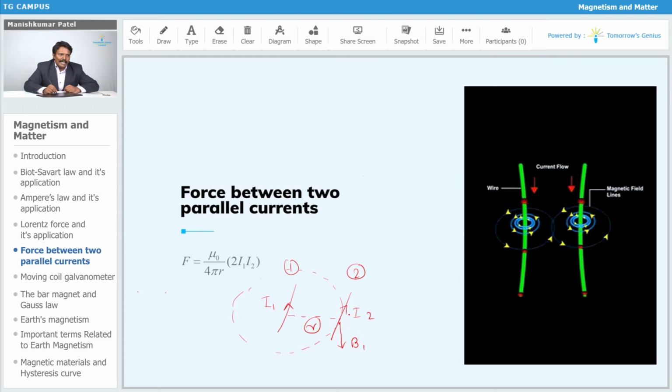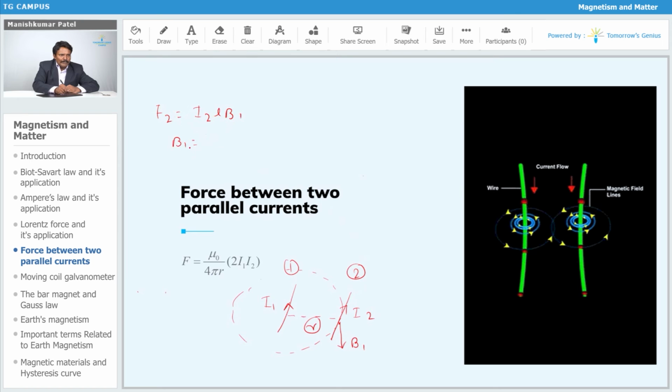Then definitely this I2 will experience some force because it is placed in an external magnetic field. So this F2 we now have to write down. Obviously that is I2 L B1.